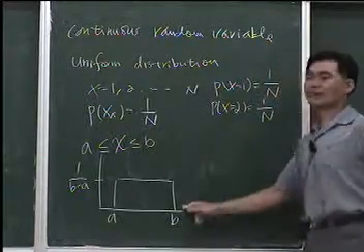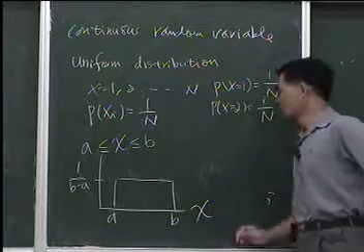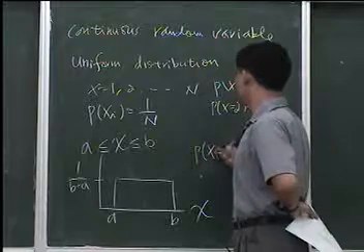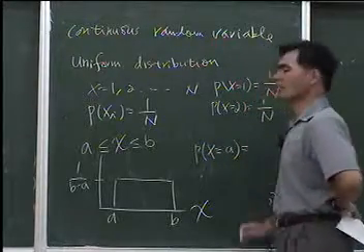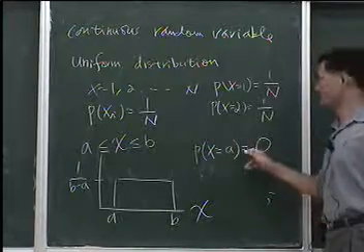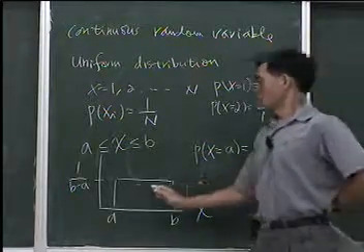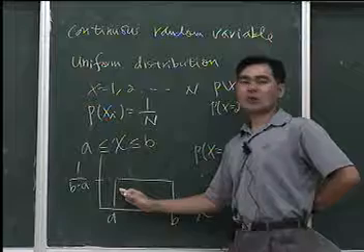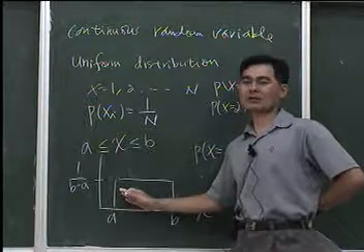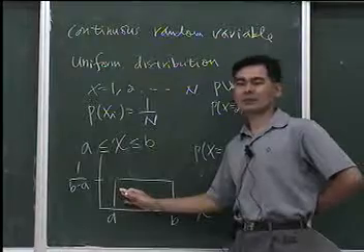But now it is a continuous type. So if you say, in this case, P(x equals a), what is the probability? The probability is 0 because it is a continuous type. For any line or point, it has no area. If it has no area, then the probability is equal to 0.